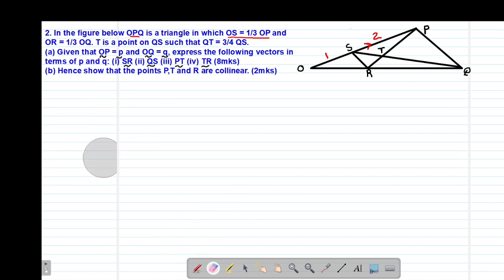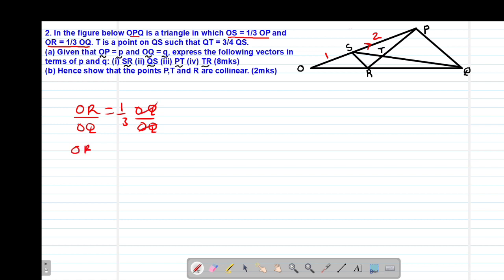We are also further told that the ratio of OR is equal to a third OQ. So if OR is equal to a third of OQ, this simply means that I'm going to divide both sides by OQ, so that these two can cancel out.